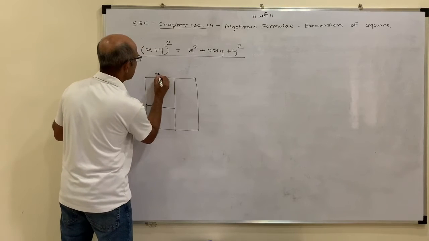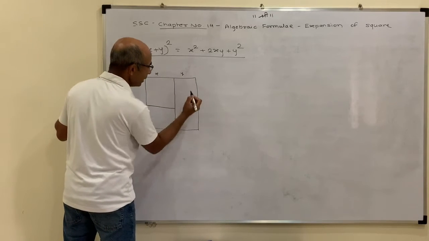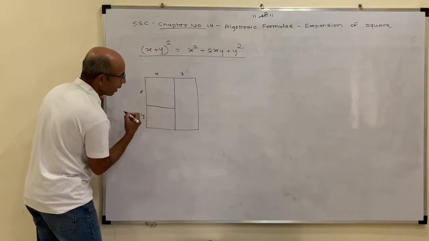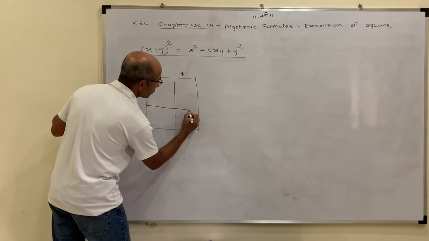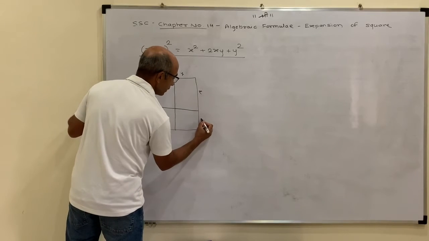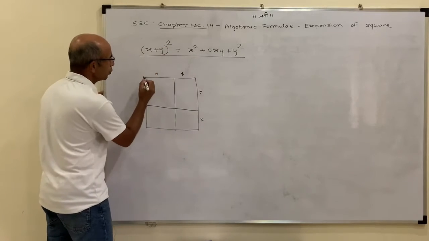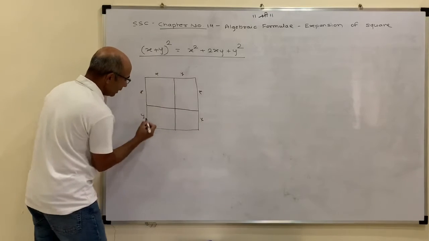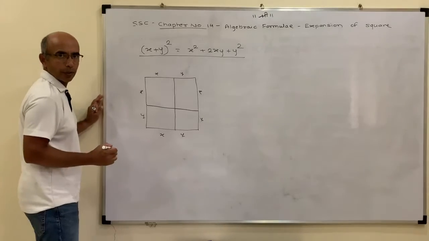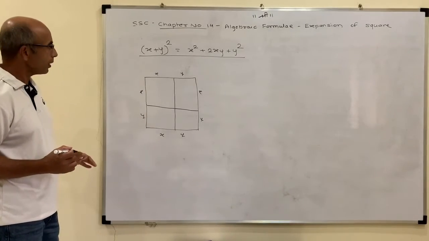So this is x, this is y, this is the side x and this is the side y. In here is my another square, this is my x length and this is the y. So the total length of this one side is x plus y. Okay, this is my square.